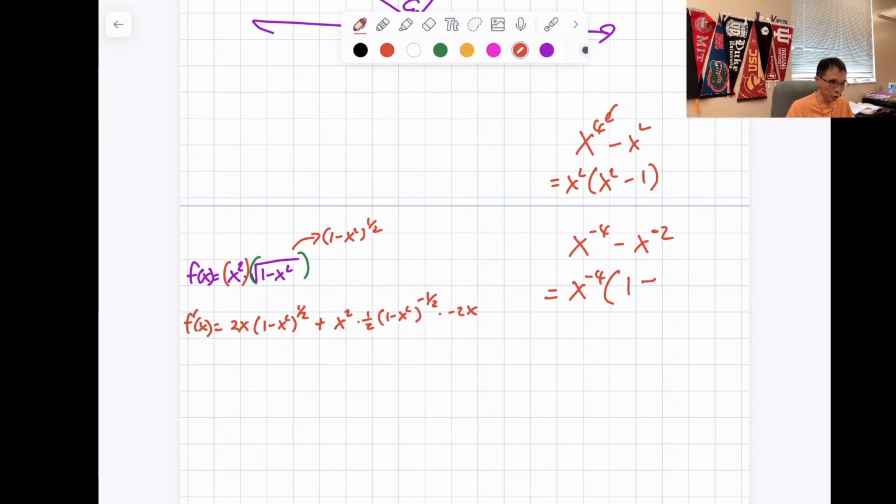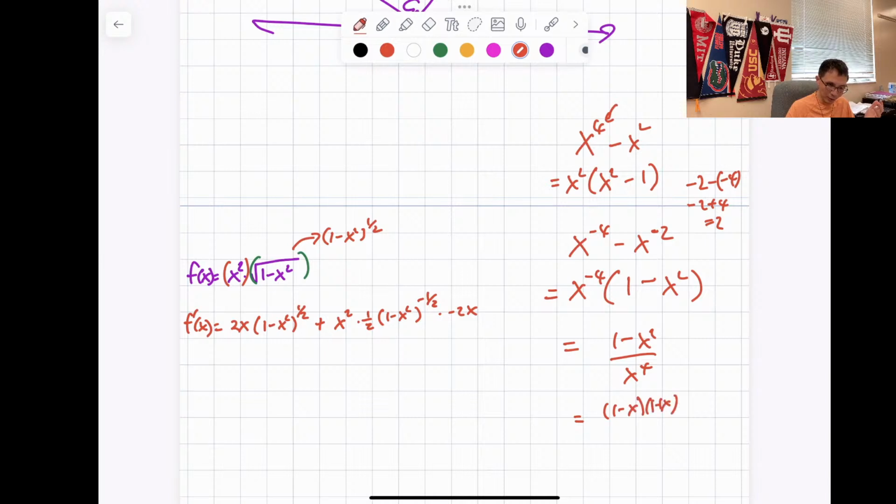Now you subtract whatever you factor out: negative 2 subtract negative 4, so negative 2 plus 4 is equal to 2. So it'd be x squared. And that can be 1 minus x squared over x to the 4. And that can even be 1 minus x, 1 plus x over x to the 4th.